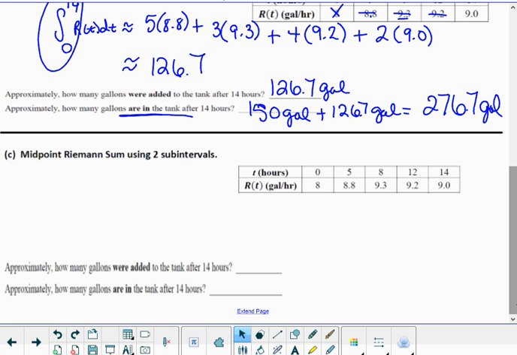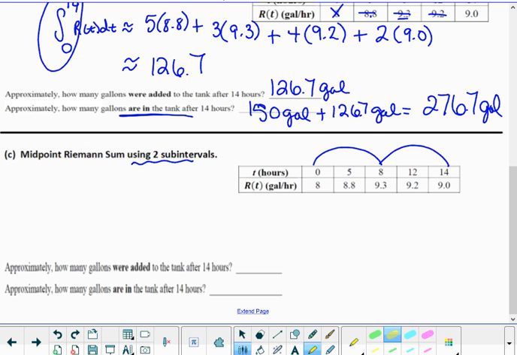Midpoint. Midpoint, when you're given a chart, has to have a value that sits between. So I wouldn't be able to go there because I have no clue what that would be. And I don't want to do an estimation and call it 8.4. You will never have to do that. So instead, the AP will adjust and say, use 2 subintervals. So there's my 2 subintervals.